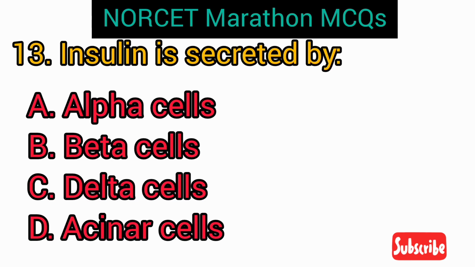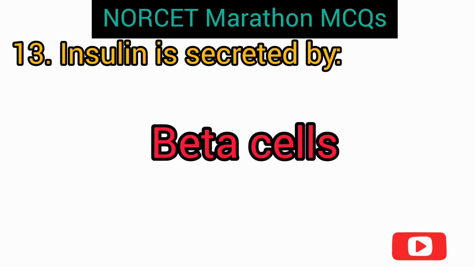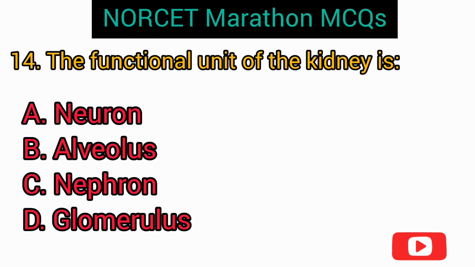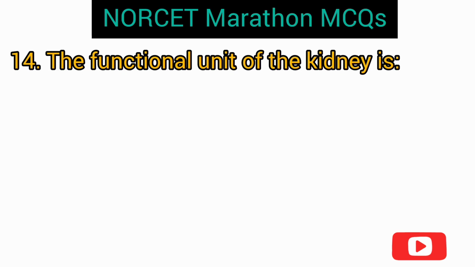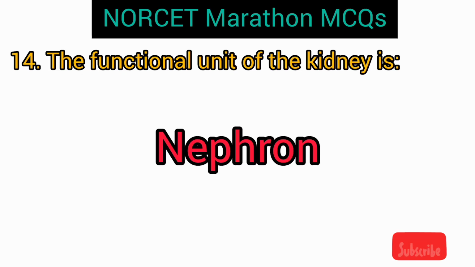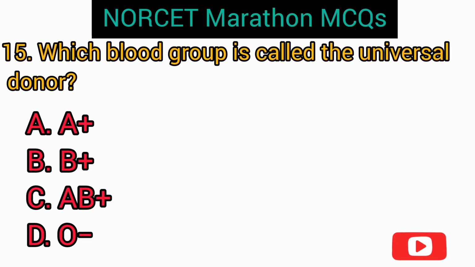Insulin is secreted by beta cells. The functional unit of the kidney is nephron. Which blood group is called the universal donor?